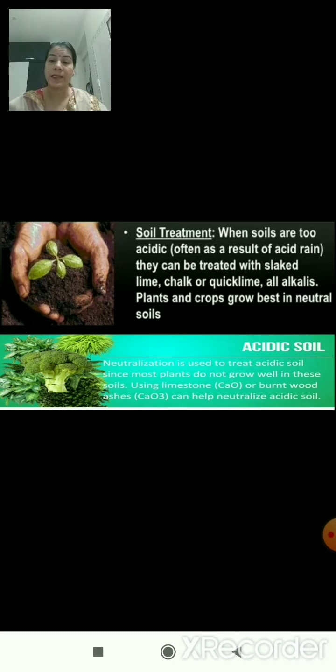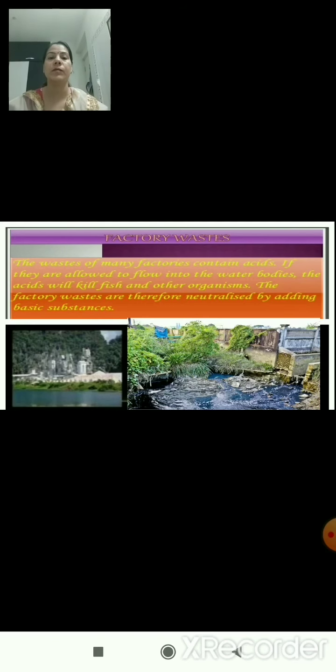Now let us discuss one more example of neutralization reaction, that is factory waste. Children, we know that there are so many types of factories all around us in urban areas, and all these factories also produce some waste, and this waste contains acids.